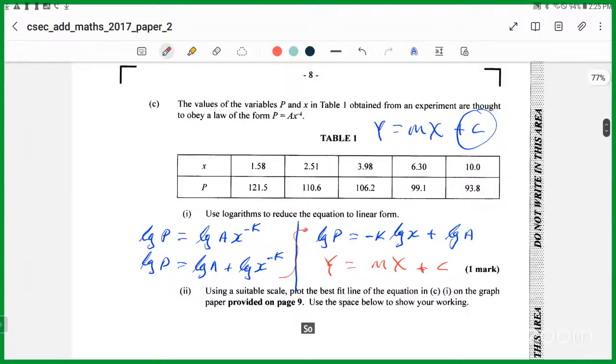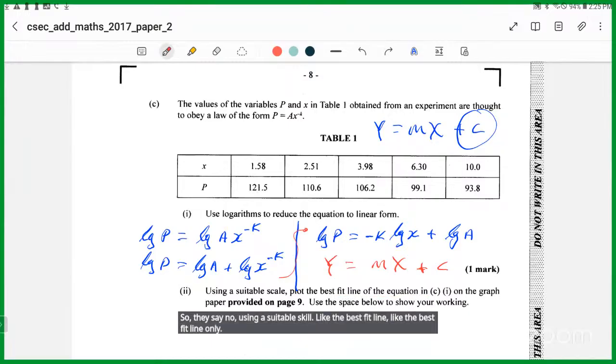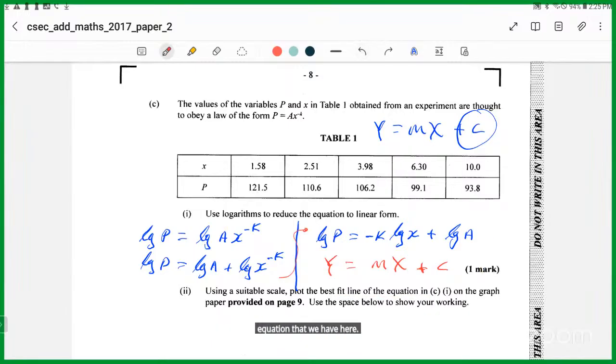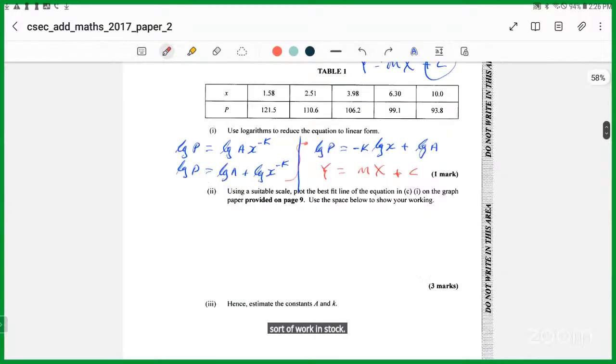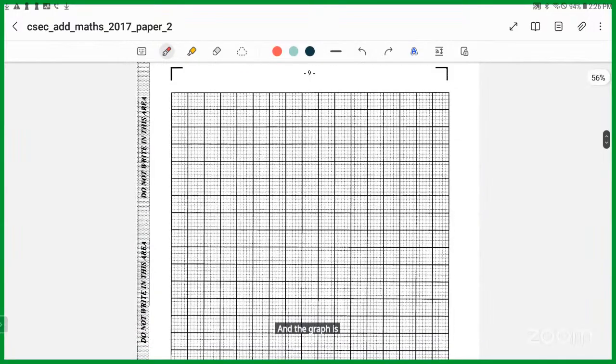So let's say now, using a suitable scale, plot the best fit line on the graph, and use the space to show the workings. So I want us to draw a graph, and the graph is over here.